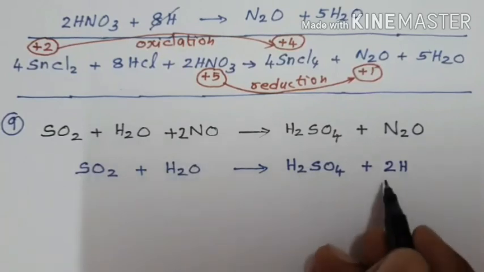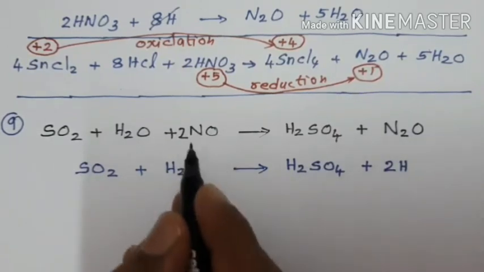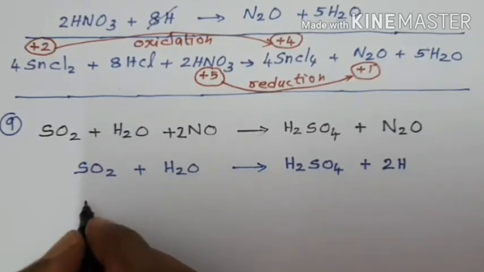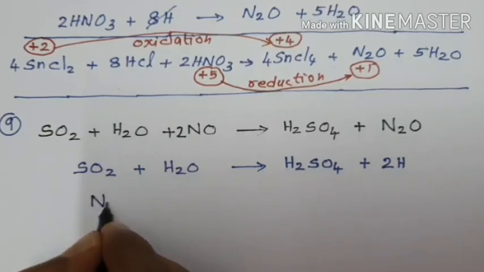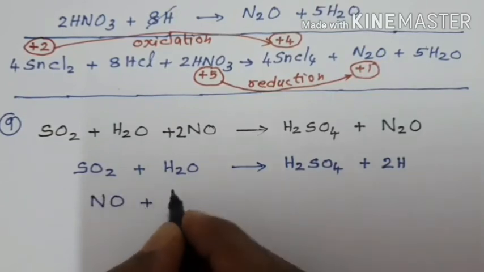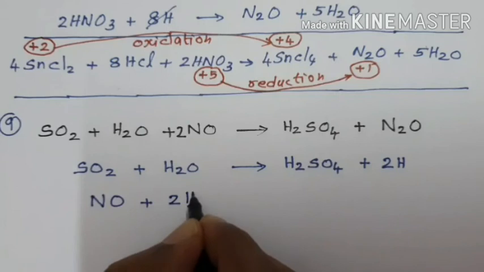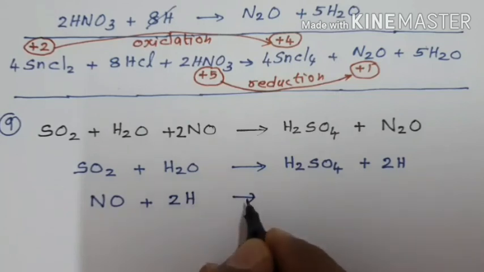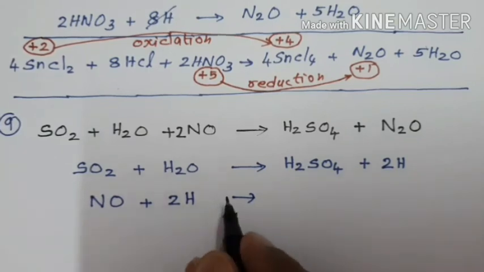In the second step, the nascent hydrogen is used to reduce nitric oxide NO. In nitric oxide, nitrogen is in plus 2 oxidation state.